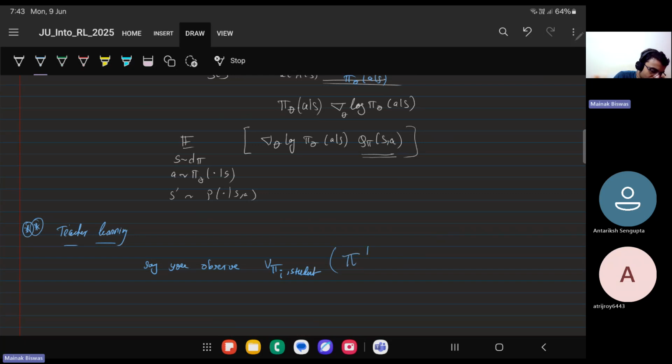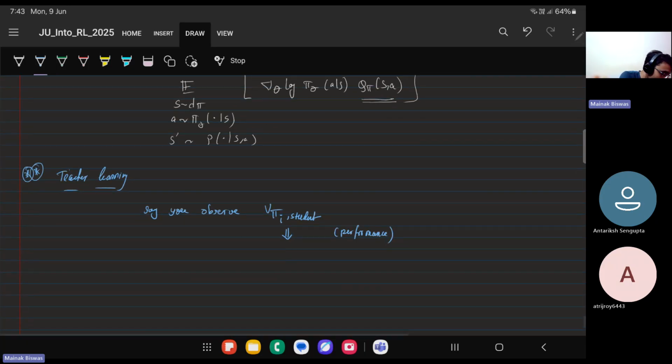I will see what it is. But currently, this is the performance, the value function. So based on the value function, we can extract features.